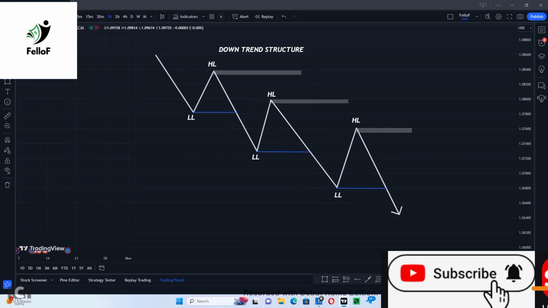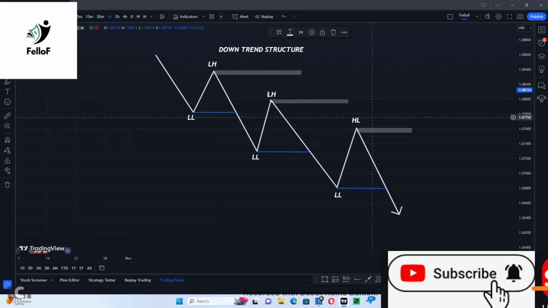Okay, so right here what we have is price creating lower highs and lower lows. So actually what we have here is a lower high, okay, not a higher low. This is a lower high. So that's what we should have on all these zones: lower highs like this, LH, not HL.